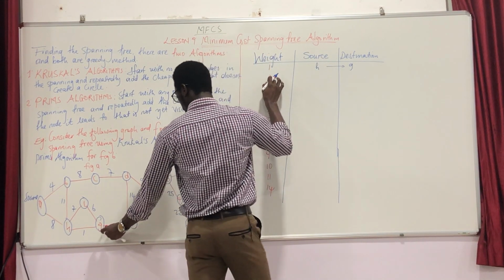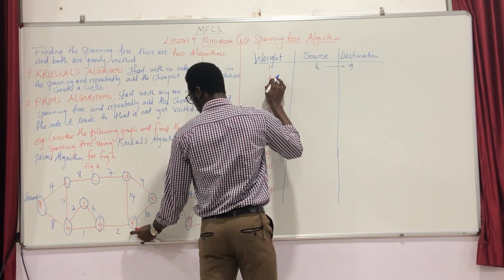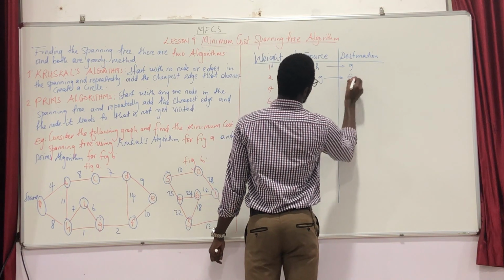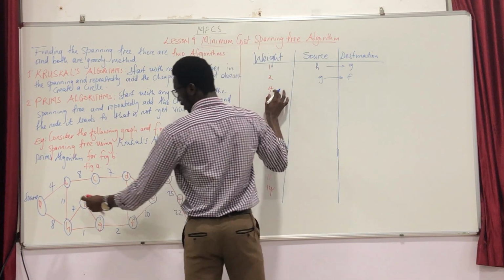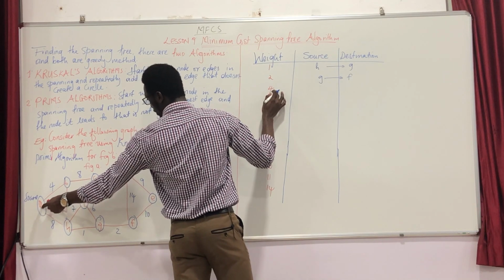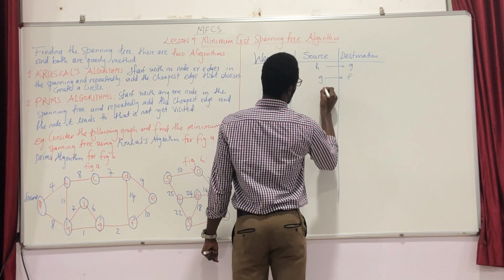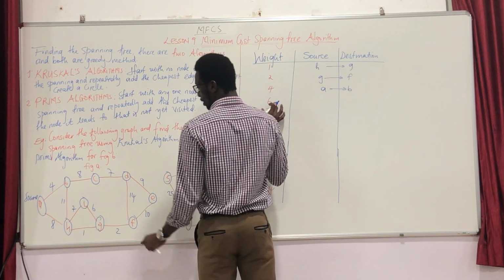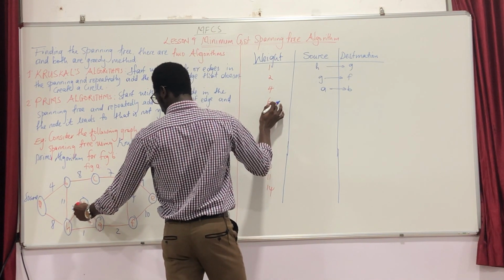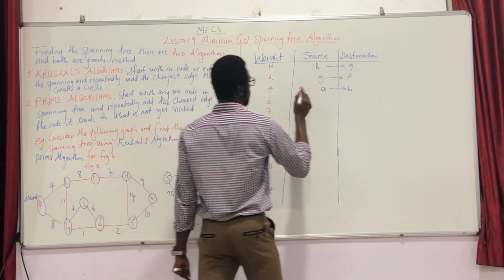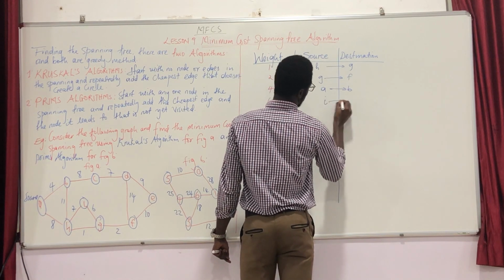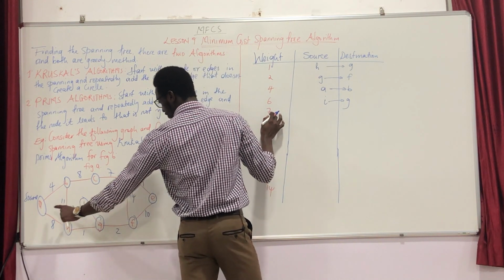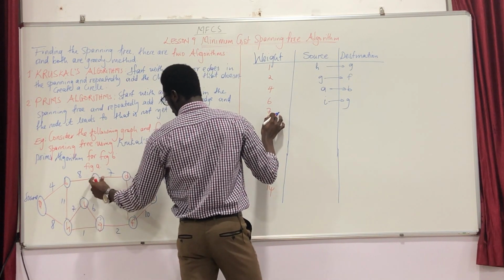For 2, the source is G and the destination is F, so G to F. For 4, the source is A, the destination is B, so A to B. For 6, the source is I and the destination is G, so I to G. For 7, we can either take this first one or this one.